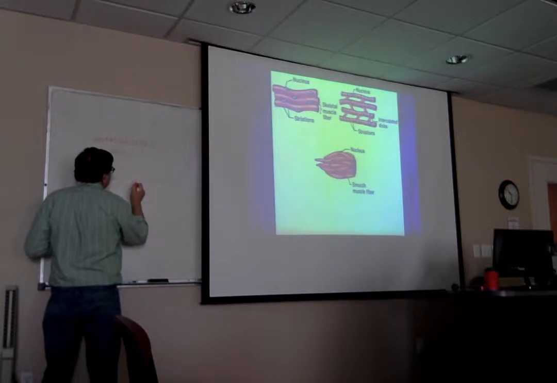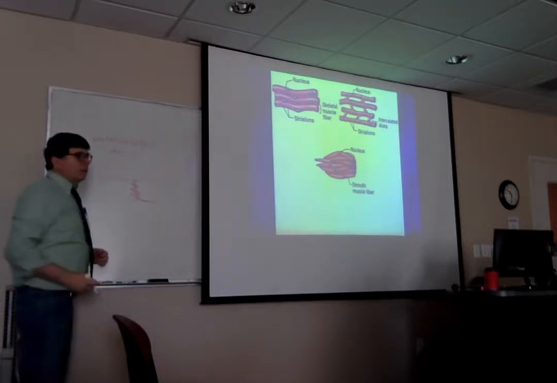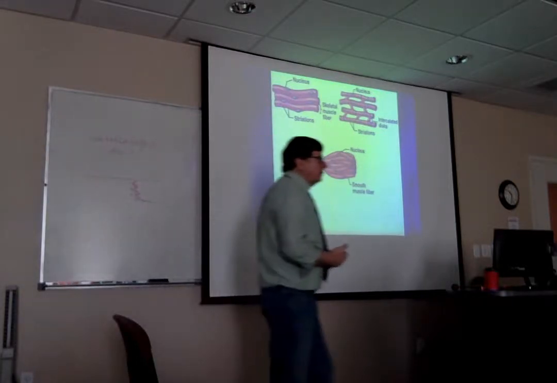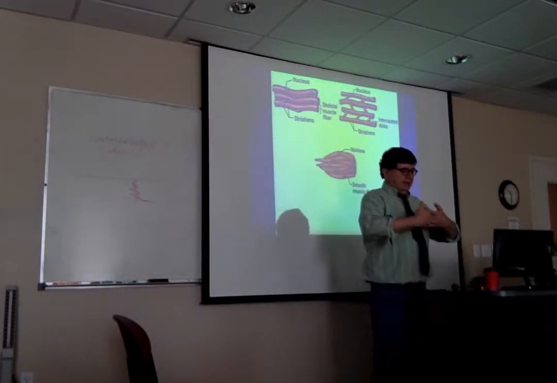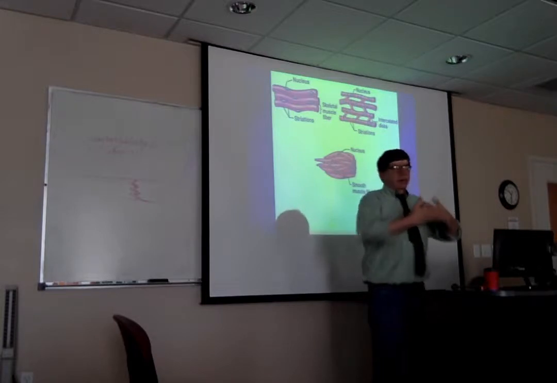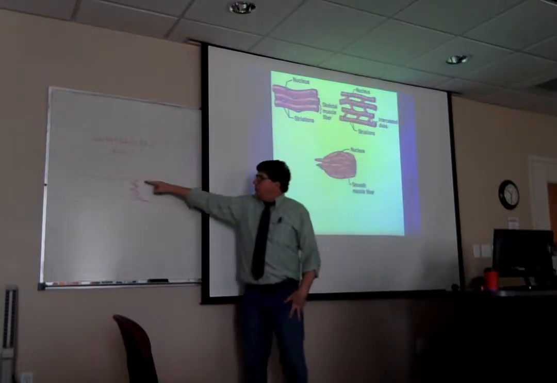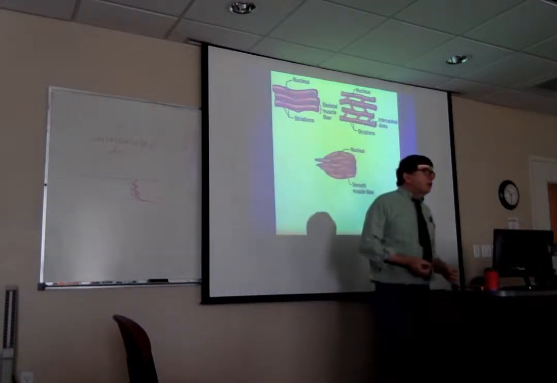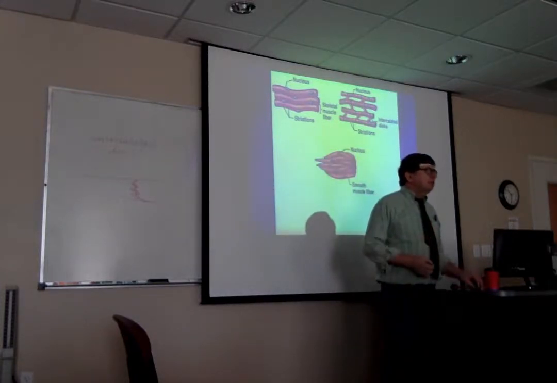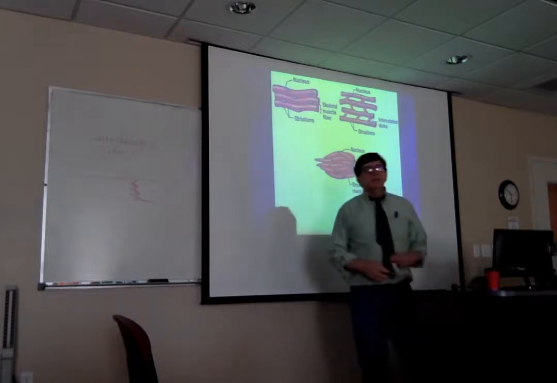You see this infolding? The cell membrane here on either side of the junction. It's kind of like corrugated cardboard, how it meets like this. It forms a thickening at the junction between these two cells, and that thickening is evident when you look through the microscope at the tissue. We call it an intercalated disc.